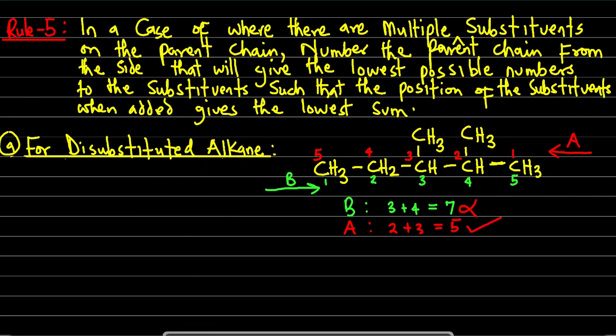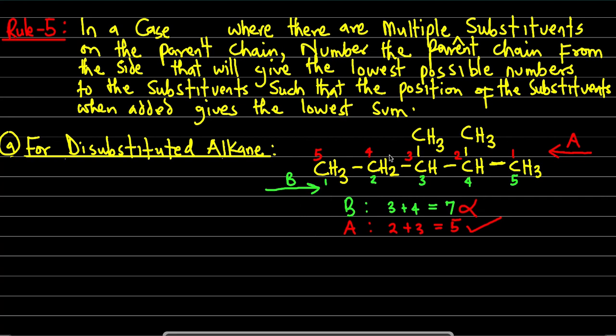In a case where there are multiple substituents on the parent chain, number the parent chain from the side that will give the lowest possible numbers to the substituents, such that the positions of the substituents when added would give the lowest possible sum.